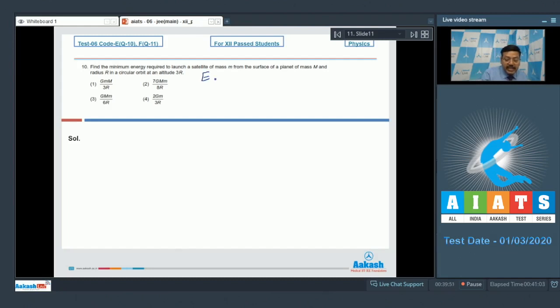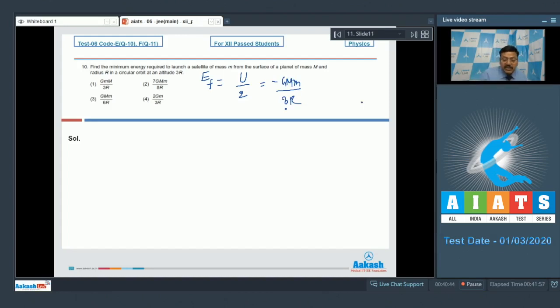Well, the final mechanical energy, let's call it EF, would be the final potential energy divided by 2, because it's in circular orbit, and when it's in circular orbit the mechanical energy would be U by 2, that means half of the potential energy, minus capital G capital M small m divided by 8R.